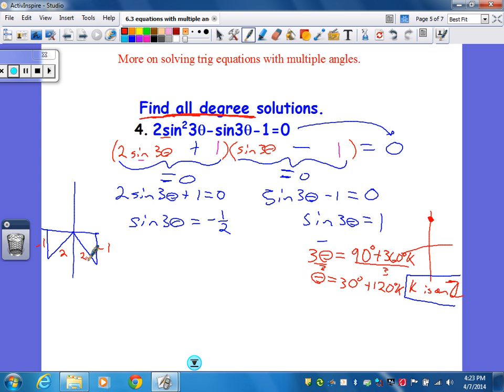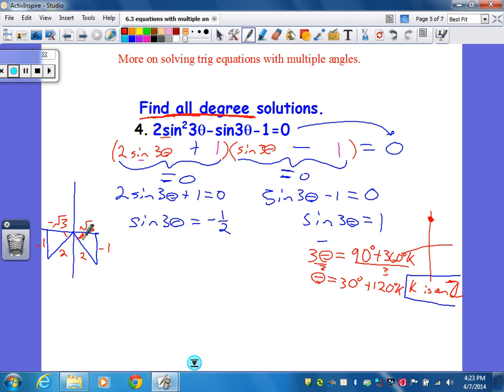And on the top, we have negative square root of 3. Since this is 1, this has to be a 30-degree angle, and this has to be a 30-degree angle. Remember our 1, square root 3, 2 triangle, 30, 60, 90.